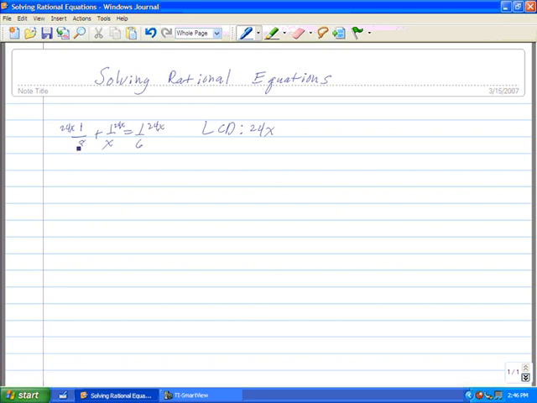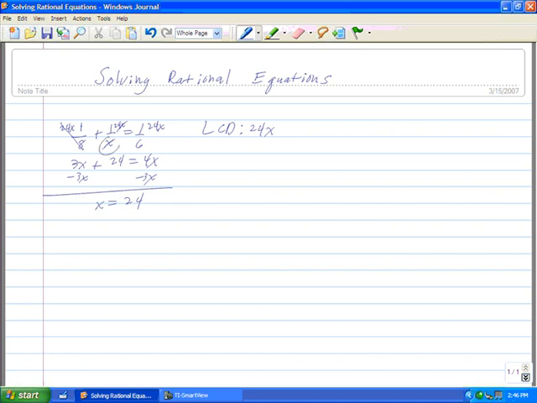Now, 24 over 8 will go 3 times, so there's the 3x. The x's cancel in the second one. There's the 24. And 24 over 6 will go 4 times, so there's the 4x. Now we're going to bring the 3x to the other side by subtracting, and we have x equaling 24. Now, we have to look, and we see that our denominator had an x in it.